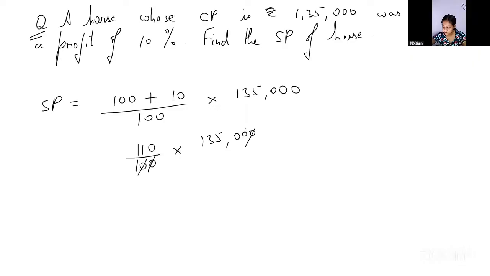Cancel. Multiply 1350 into 110. 148,500. Okay. 1,48,500 is the selling price of the horse.